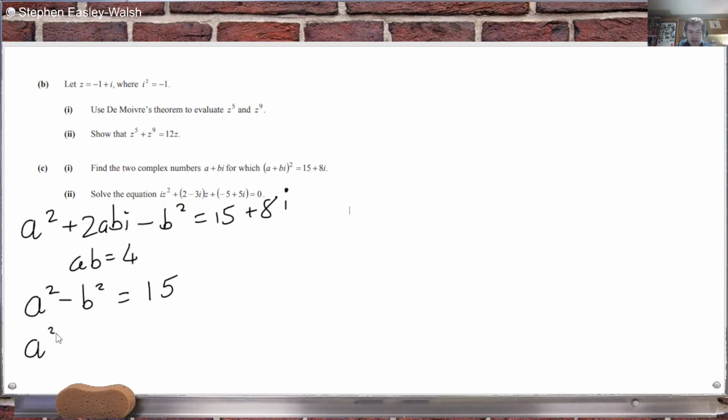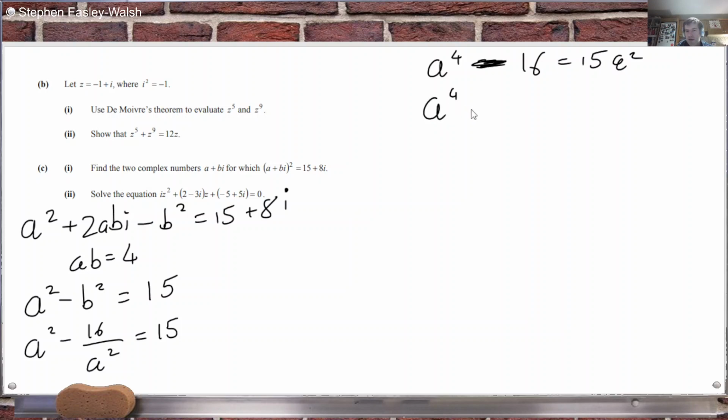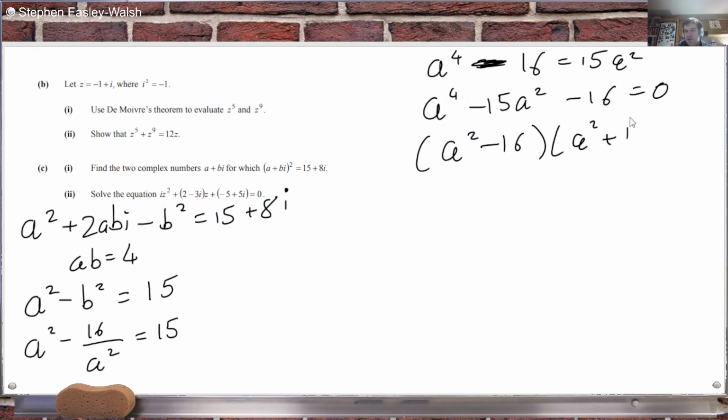So that means a squared minus 16 over a squared is equal to 15. If you multiply by a squared, you get a^4 minus 16 equals 15a squared. So that is a power 4 minus 15a squared minus 16 equal to 0. I can factorize that. That's a squared minus 16 and then a squared plus 1.